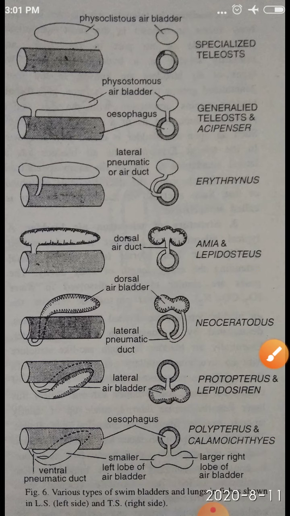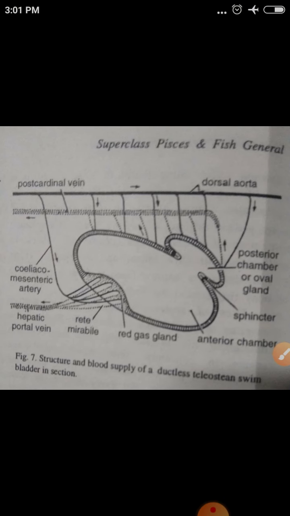Then next is the structure of a teleostean air bladder. A typical teleostean air bladder is a thin-walled, gas-filled sac lying dorsal to the alimentary canal, extending the entire length of the body cavity. The gases are similar to those dissolved in water, that is O2, CO2 and N2.